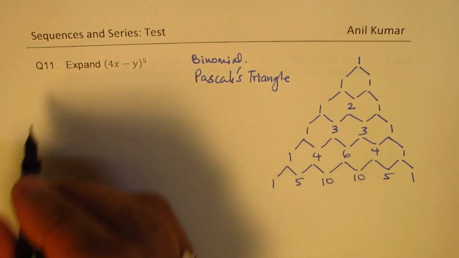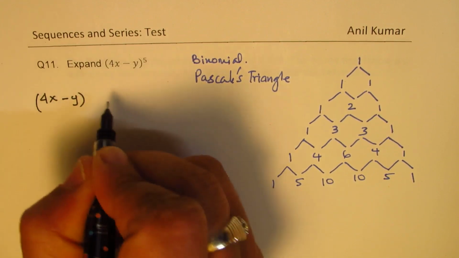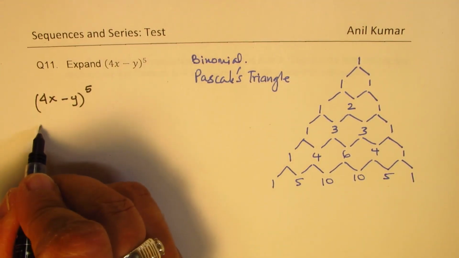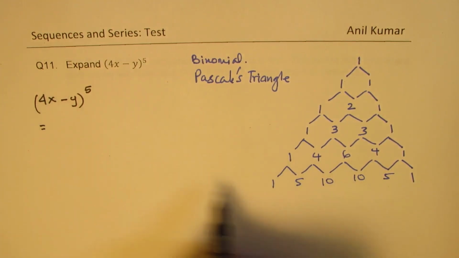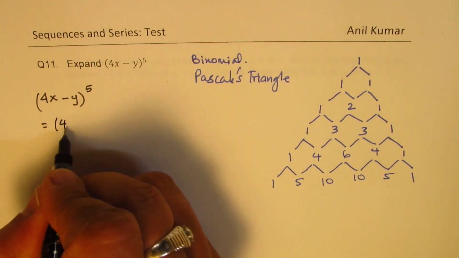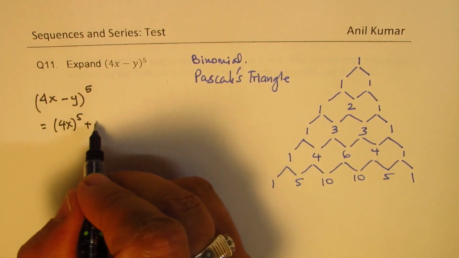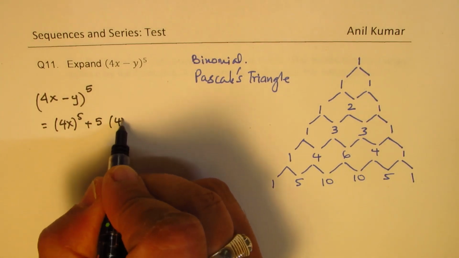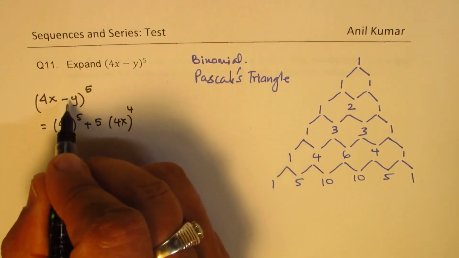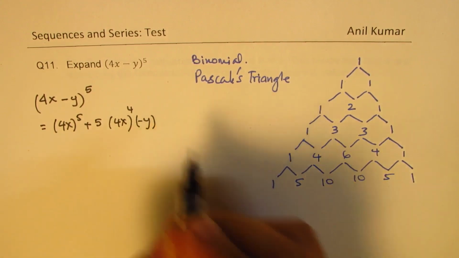So let's figure this out. We have (4x minus y) to the power of 5. So what we get here is the first term, coefficient is 1, but the power is 5. So we get here (4x) to the power of 5 plus, now we get coefficient of 5 times (4x) to the power of 4 and (minus y) to the power of 1, right?